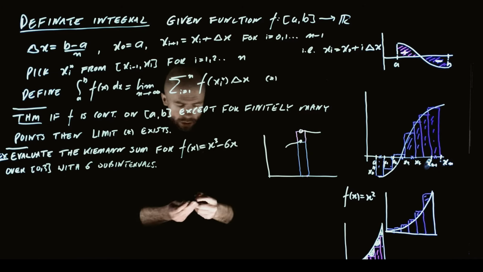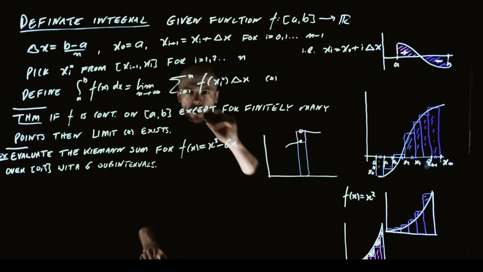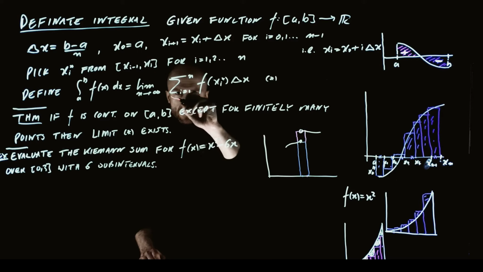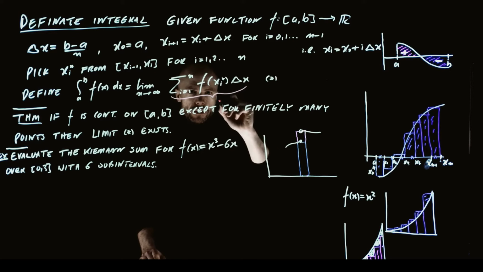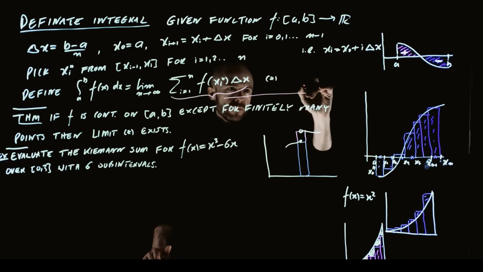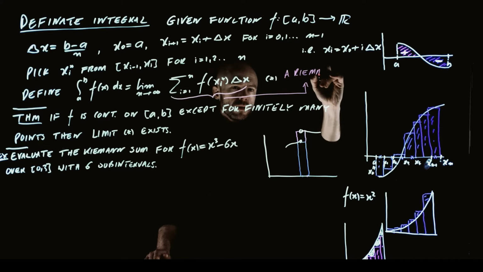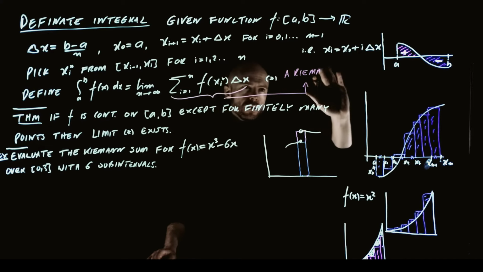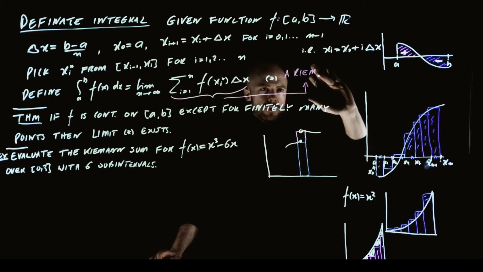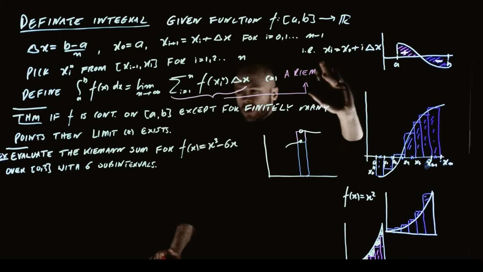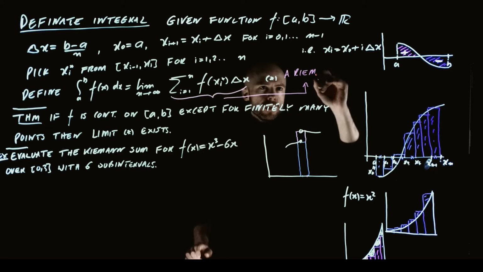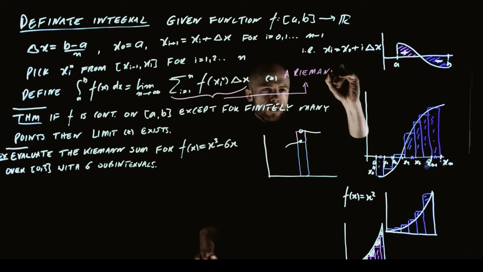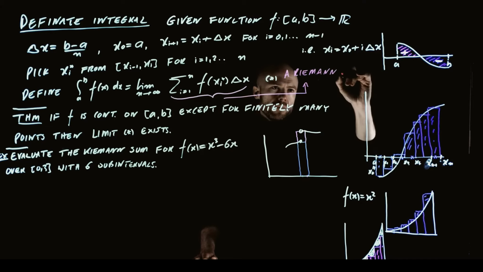Okay, so firstly, let me write this down, that this sum is called a Riemann sum. So Riemann was a fantastic German mathematician, did many, many things, died at quite a young age. A Riemann sum.